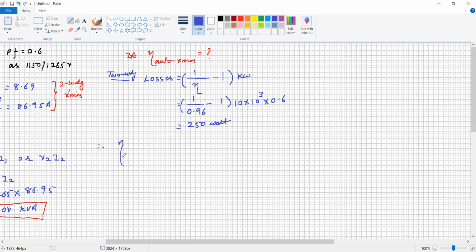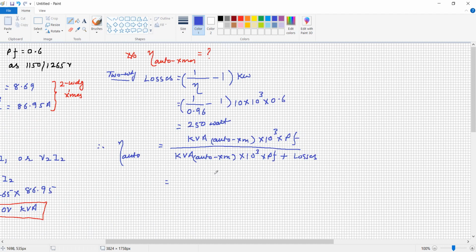Now efficiency of auto transformer is equal to kVA of auto transformer multiplied by 10 raised to 3 multiplied by power factor, divided by kVA of auto transformer multiplied by 10 raised to 3 multiplied by power factor plus total losses.